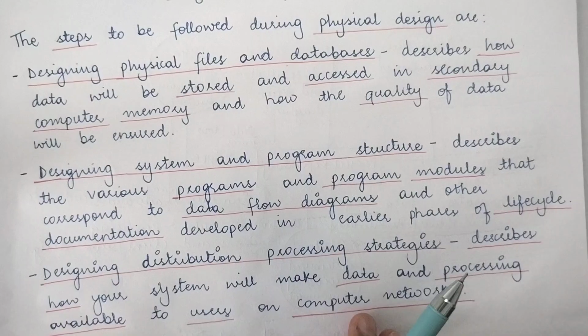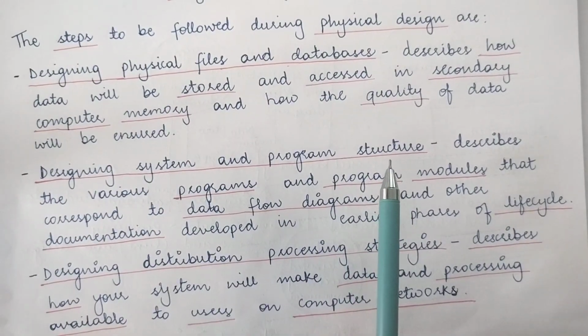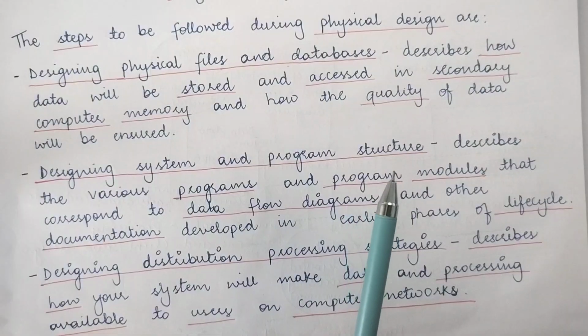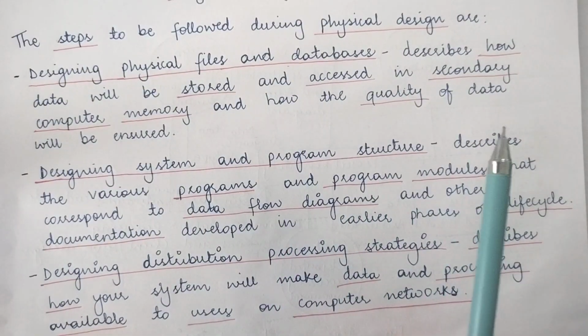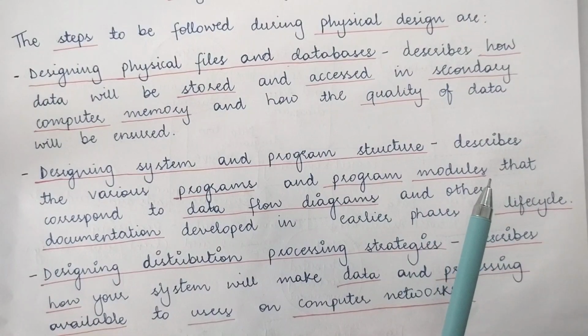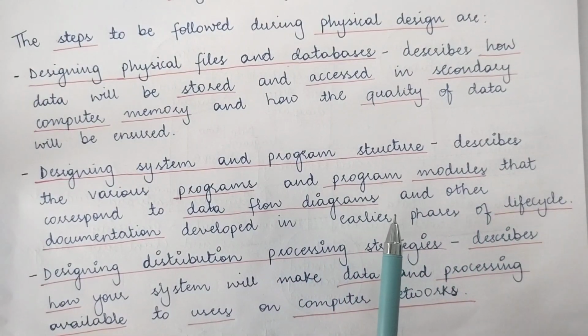The second step in physical design is designing system and program structure. So basically when I say designing system and program structure, it describes the various programs and program modules that correspond to data flow diagrams.